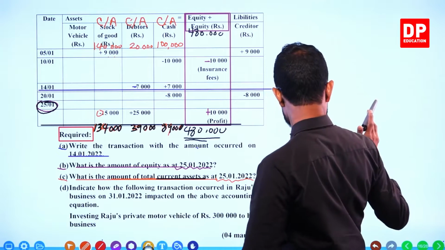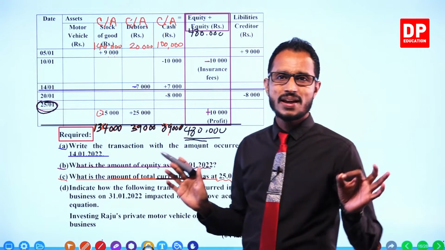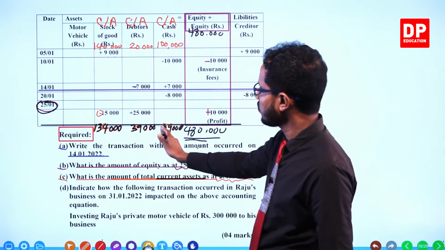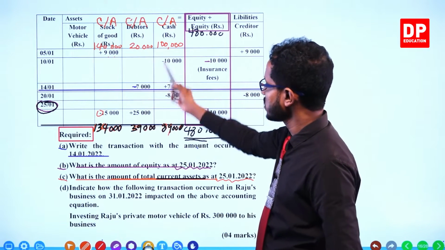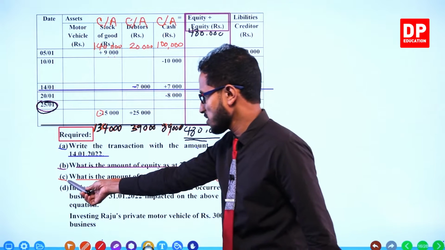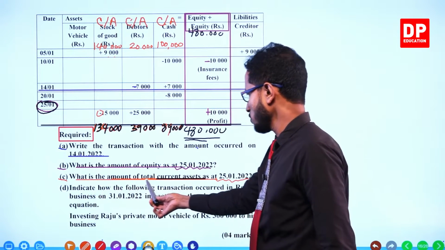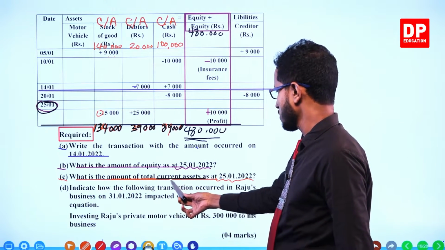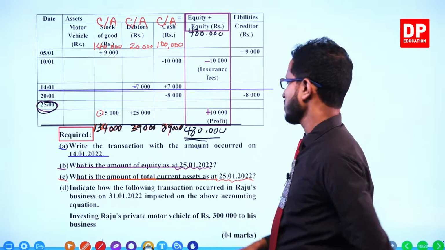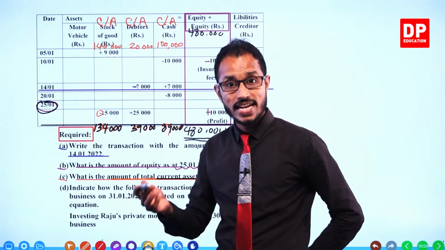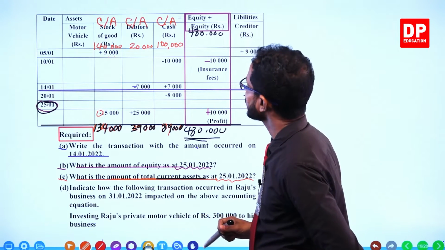Right. So now it's only a matter of taking the total of current assets closing balances, because that's what they're asking. What is the amount of total current assets as at 25th? That is the closing date, end of the month.